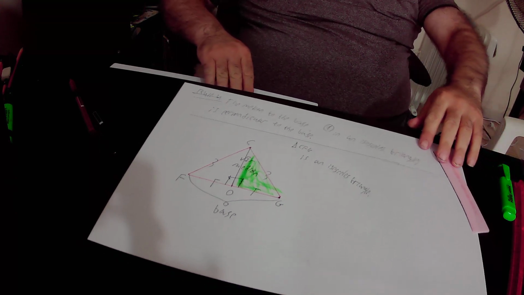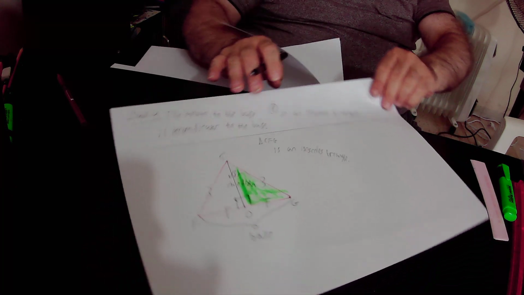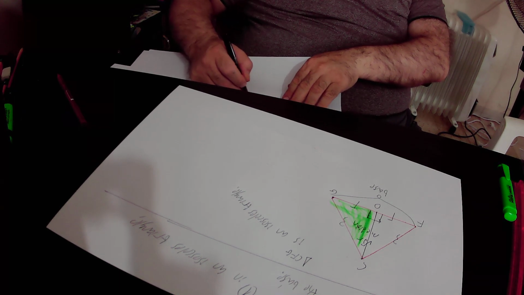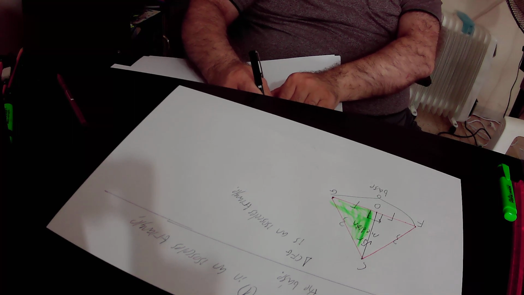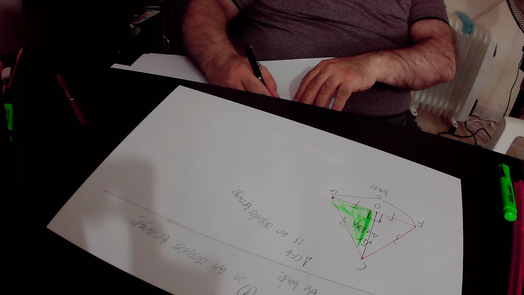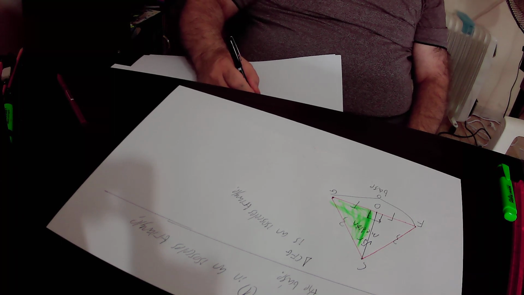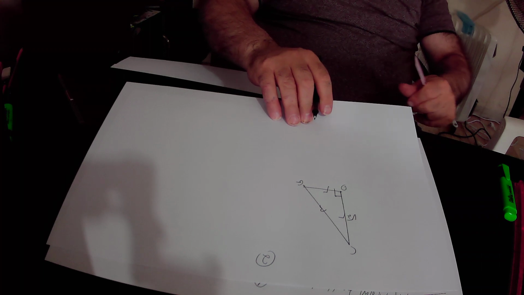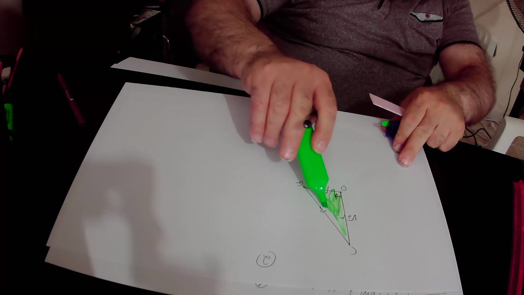Okay, so here we have the right triangle, triangle COG that I copied from the original drawing.